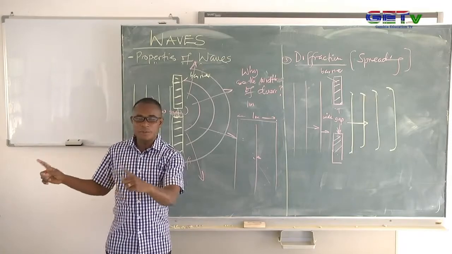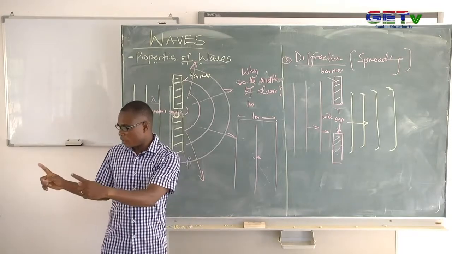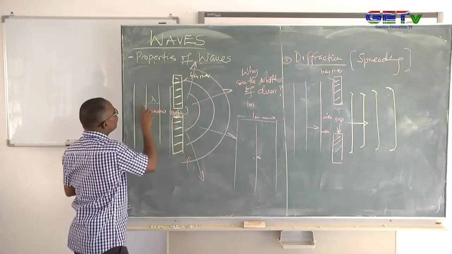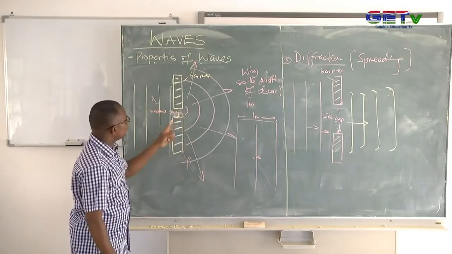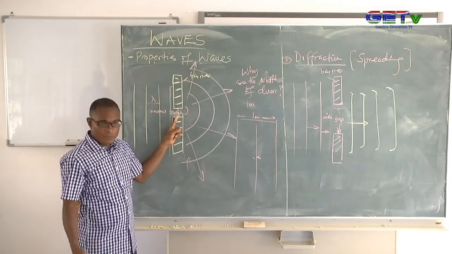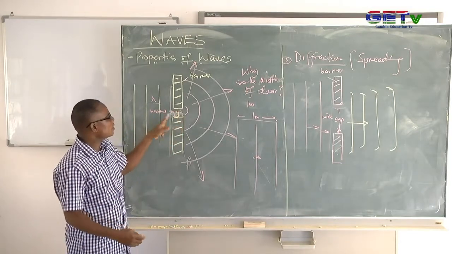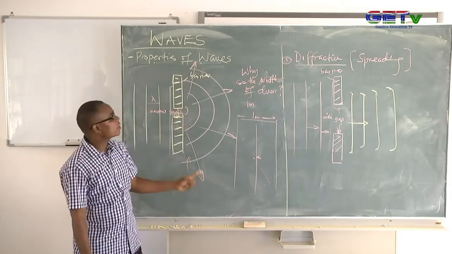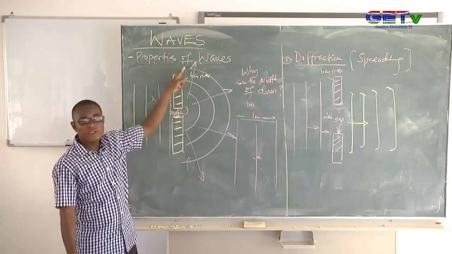So as much as the door is open, the sound wave will pass through that door, and the door is 1 meter, because if the wavelength of the wave that is coming is equal to the gap where the wave is passing through, then the wave is going to suffer acute spreading, and the wave will spread so much at the edges of that barrier.